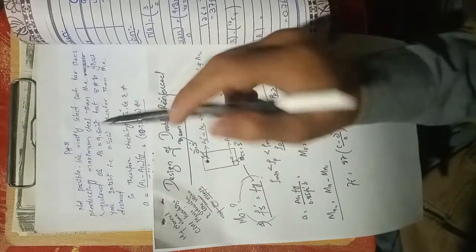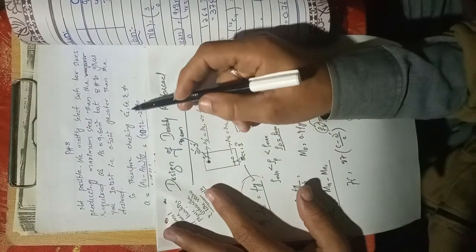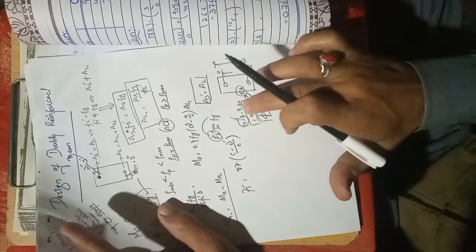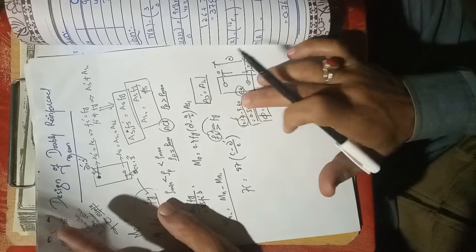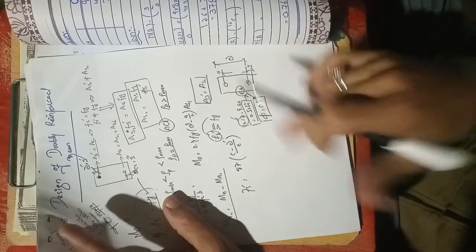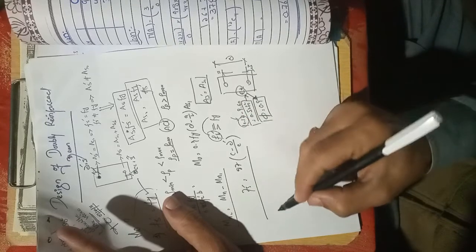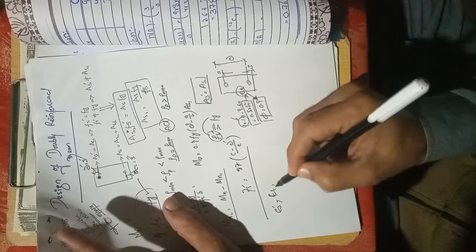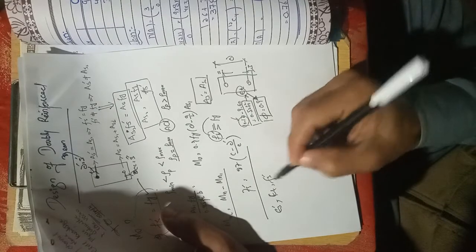Now here I already discussed this point, right? So therefore, checking epsilon s prime, epsilon t and phi value. Once you do such a bar arrangement or bar selection, you have to check your epsilon s prime value, epsilon t value, and your fs prime value.